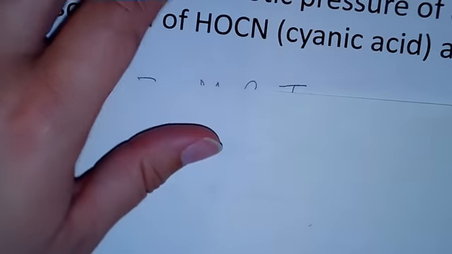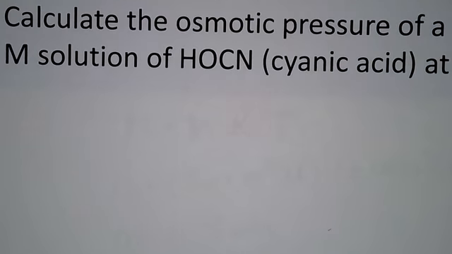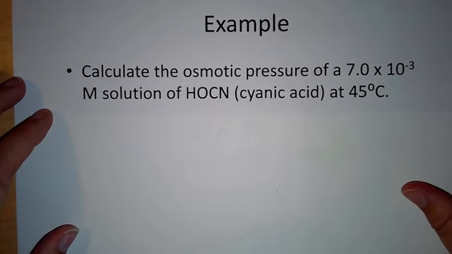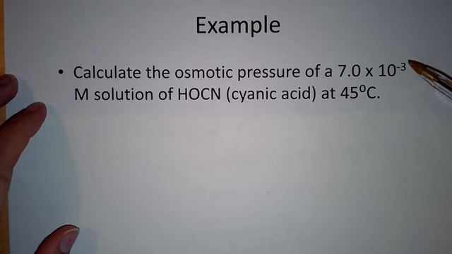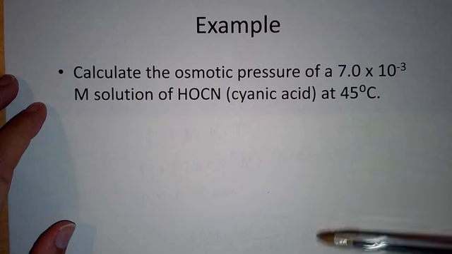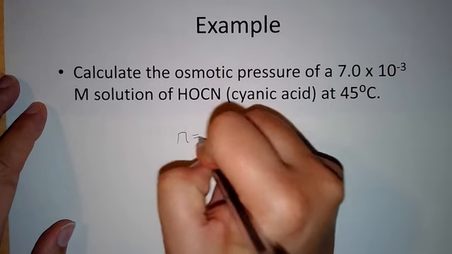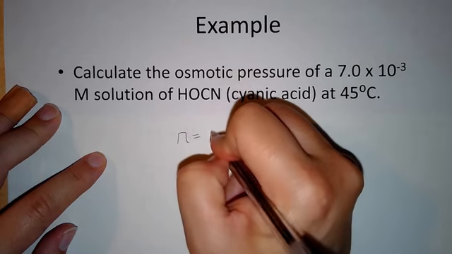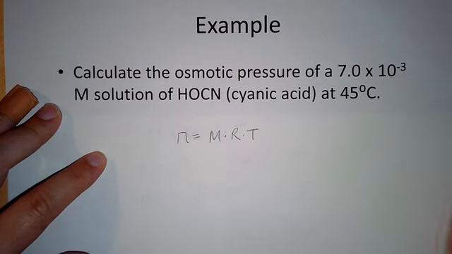So in our most basic calculation using this idea, we need the molarity and the temperature, since we already know our R value. So we're going to use osmotic pressure is equal to molarity times R times T and fill in what we know.